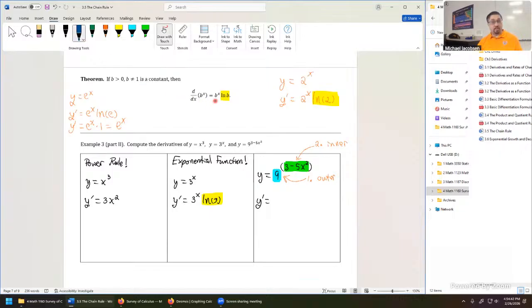Following the format as we see it above, what you get is 9 to the power of x. But then there's more to that story. You have to multiply it immediately by the logarithm of the base, which is 9. So times natural logarithm 9. And that's the total derivative of the outer function.